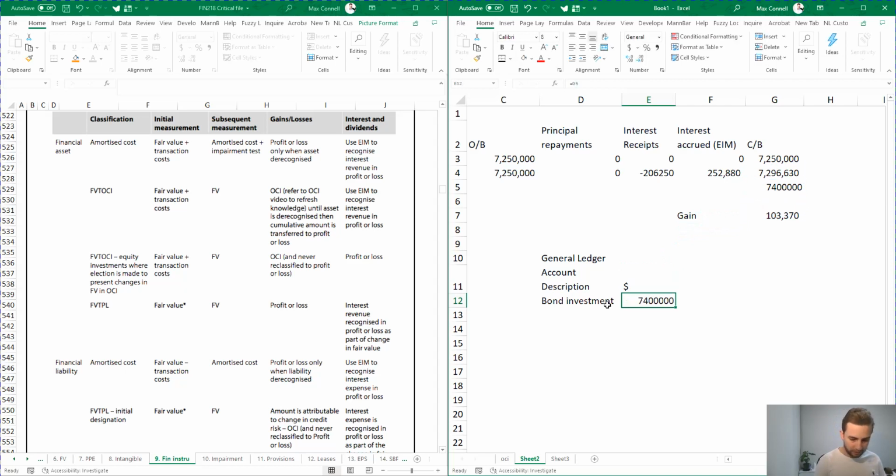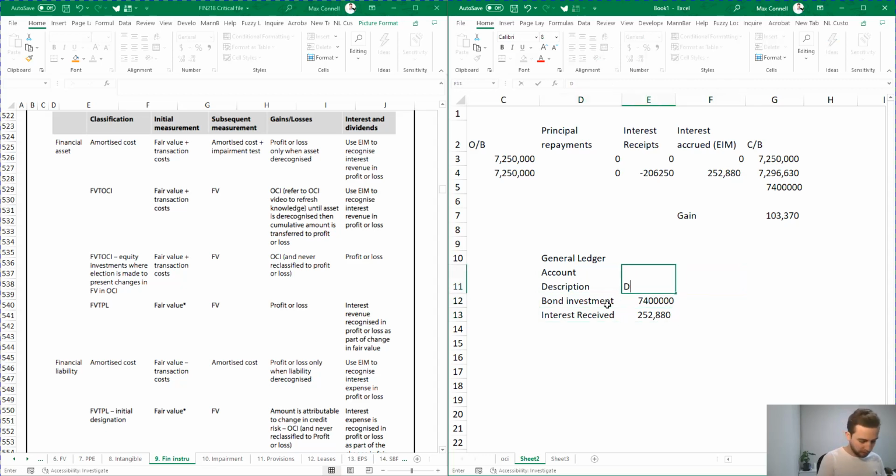We also know that the net profit and loss impact is going to be this one here, the interest accrued amount, the 252,880. So we know that that's the net impact on the, this should be interest received because we're doing accounts, not where it is located.